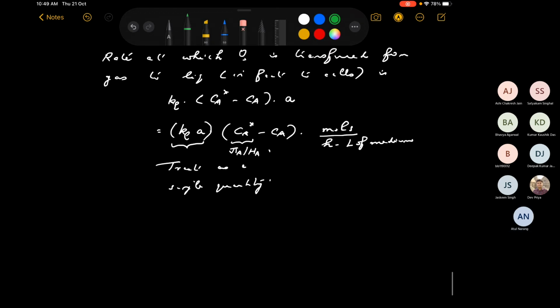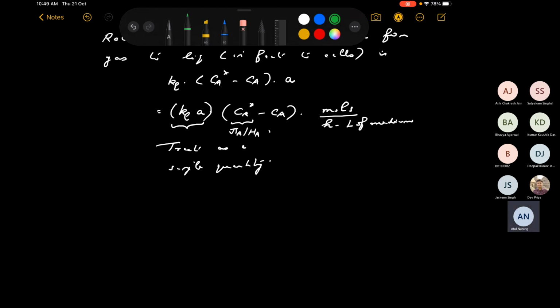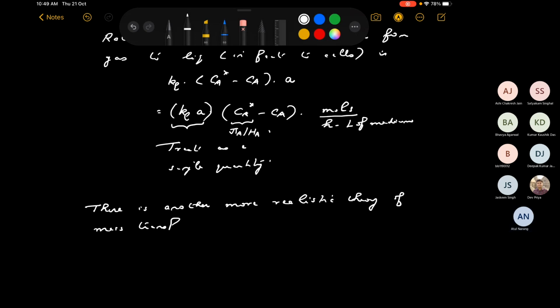So there is another, more realistic theory of mass transfer across an interface.